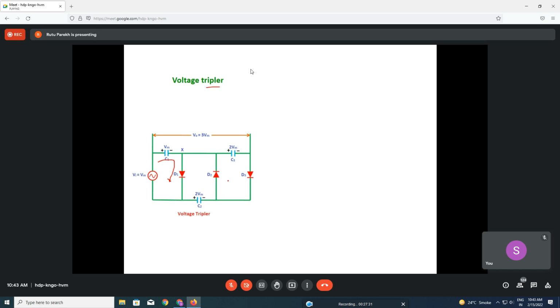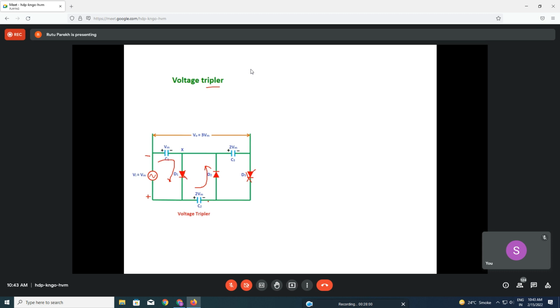Yes, you are right. So in the negative half, these two are like open and this is connected. Because of that, this is minus and this is plus here. The same thing, minus plus, this will charge to 2 VM with this polarity. This is the direction of the current. So everybody agrees, 2 VM up till here?